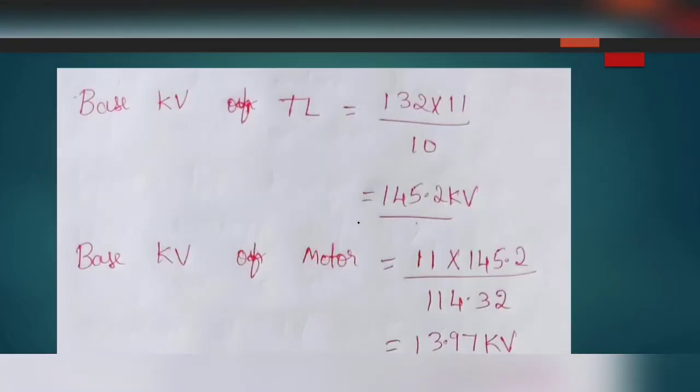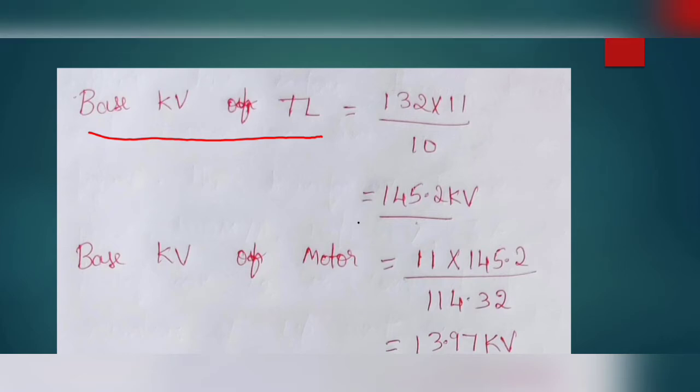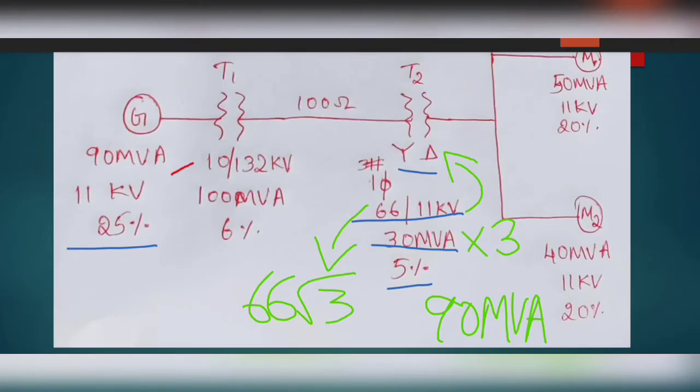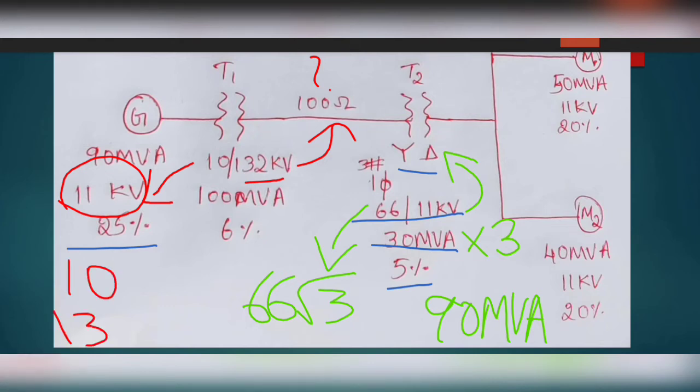Now coming to step 2, that is finding the base kV on other power system components. By using the voltage conversion method, for the base kilovolt of the transmission line, let us go to the one line diagram. For 10 kilovolt we have 11 kilovolt on generator side, and for 132 kilovolt, what is the voltage on the transmission line?